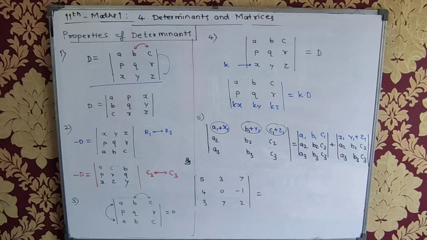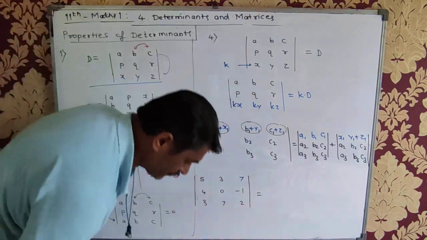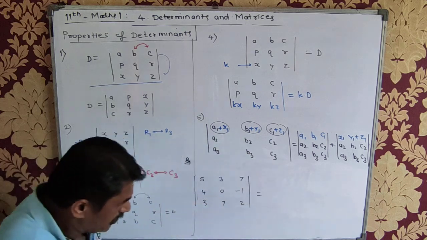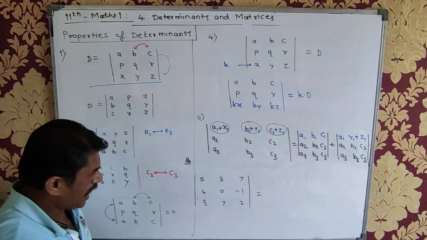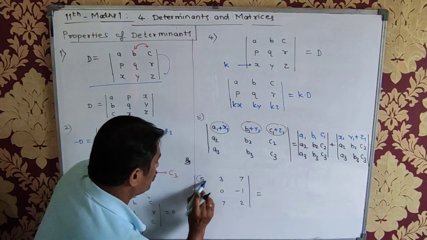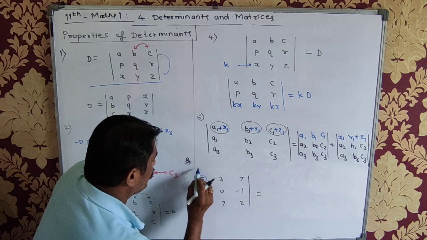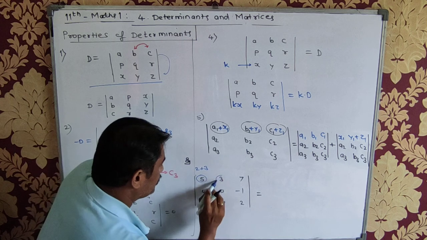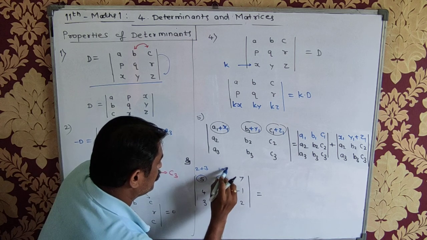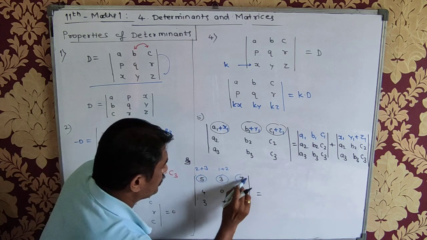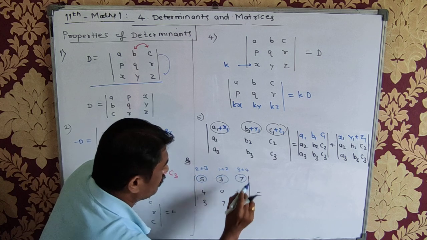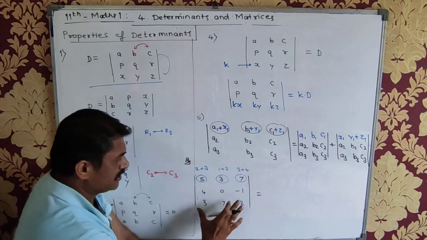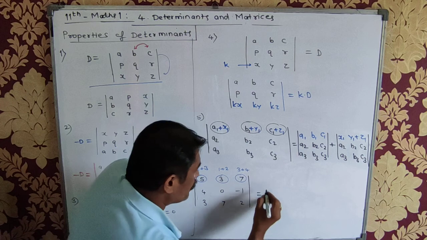I shall explain this property number 5 with an example here. Let us say this is one determinant. I will express this as the sum 2 plus 3. Can I? Yes. I will express this as 1 plus 2. Can I? Yes. And I'll express this as 3 plus 4. Can I? Yes. So this determinant can be expressed as the sum of two determinants.